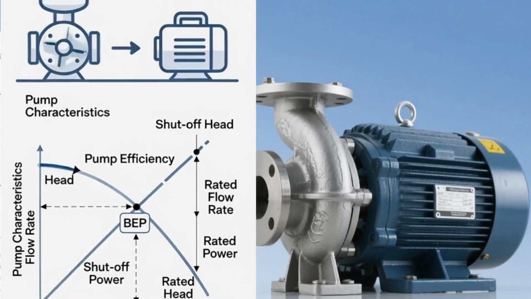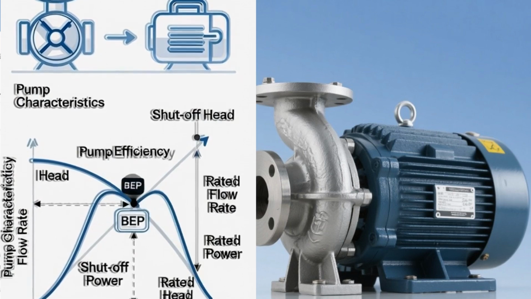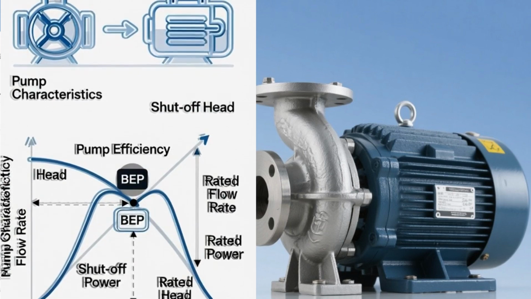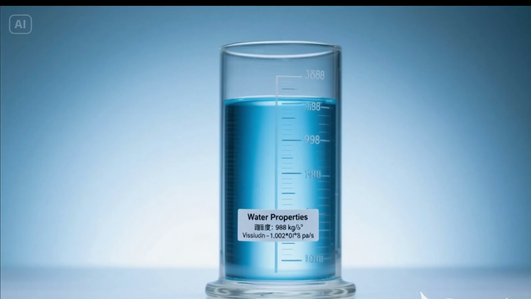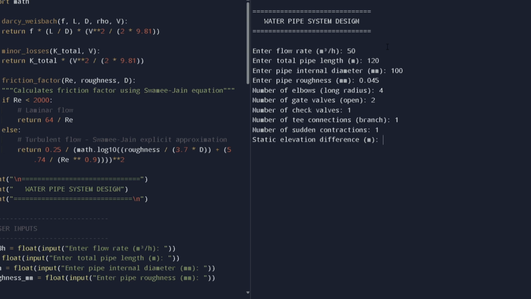Pump characteristics: pump efficiency and motor efficiency. Water properties for water at 20 degrees Celsius: density equals 998 kilograms per cubic meter, viscosity equals 1.002 times 10 to the power of -3 Pascal-seconds. These parameters allow the Python program to calculate complete system hydraulics.